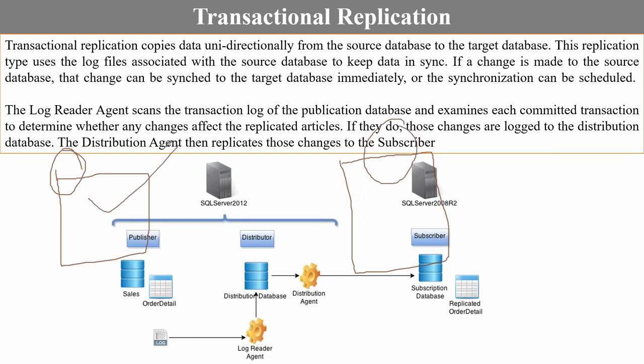Okay, the distributor you can keep in a separate instance, or you can keep it in the publisher, or you can keep it in the subscriber. Okay, so that is the one advantage. Either you can keep the distributor instance separately, or you can keep the distributor in either the publisher instance or the subscriber instance. Okay, so minimum you require 2 instances, two databases.